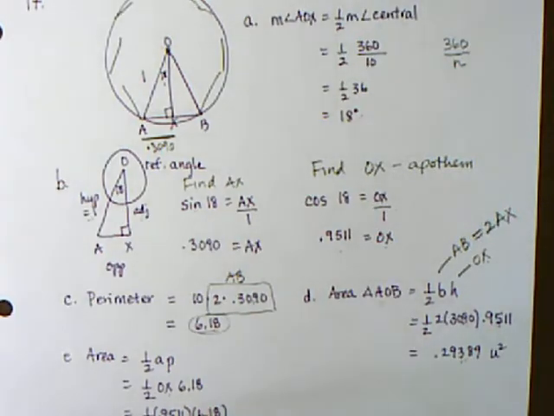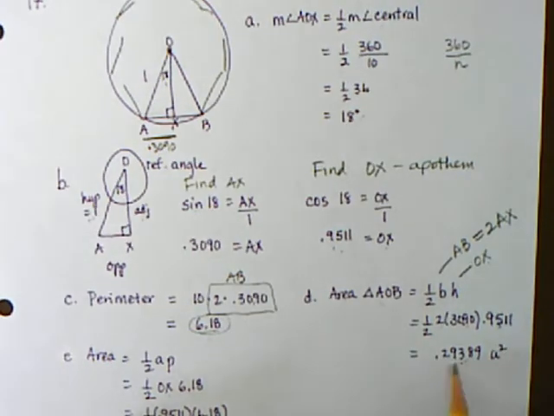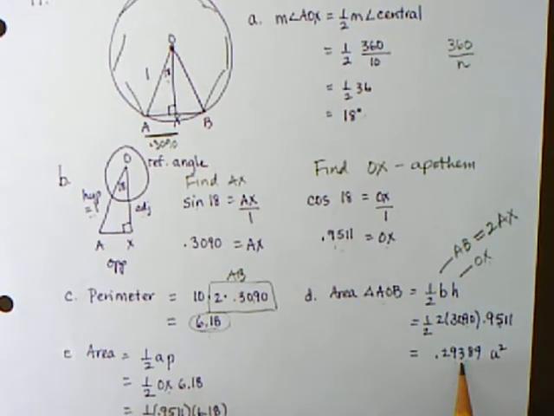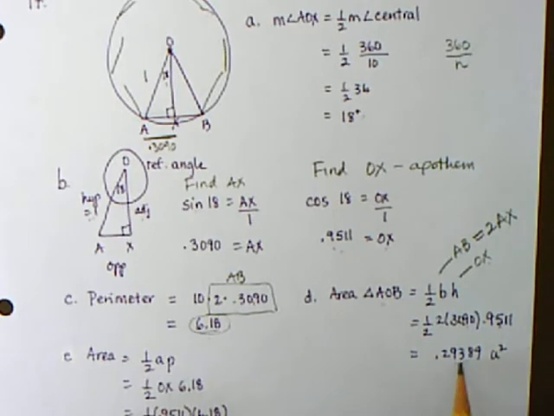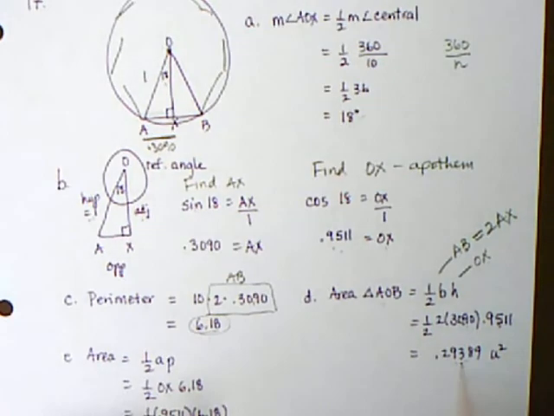And so multiplying 1/2 times OX, 0.9511, times the perimeter, 6.18, I get 2.9389. So as you would expect, this number is 10 times as large as this number. This area is 10 times as big as the area of one of the little triangles. All right, that's it.